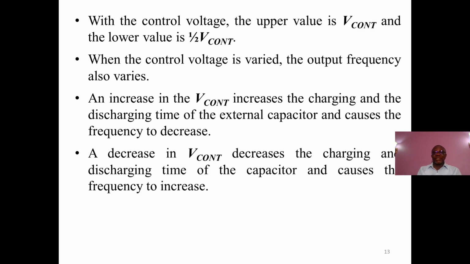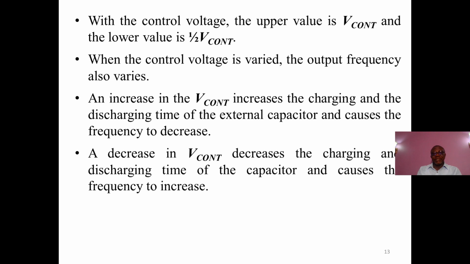With the control voltage, the upper value is V control, and the lower value is 1 over V control. That is the control voltage you are applying. When the control voltage is varied, the output frequency also varies.